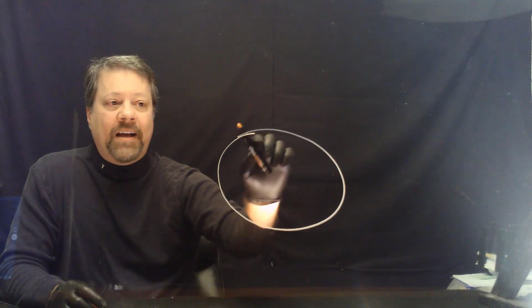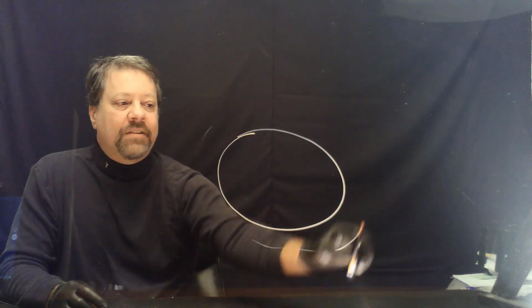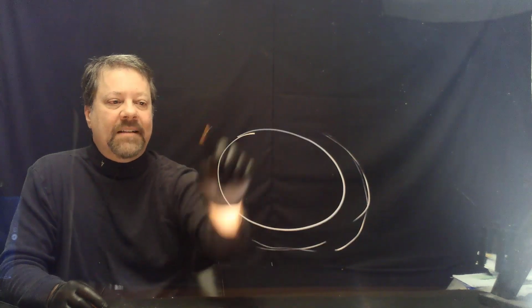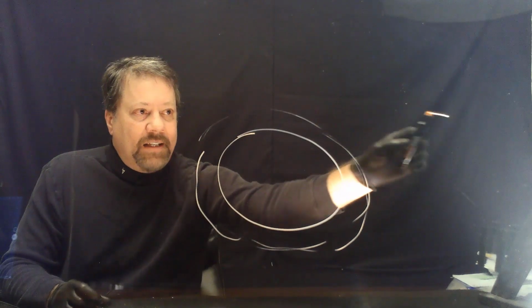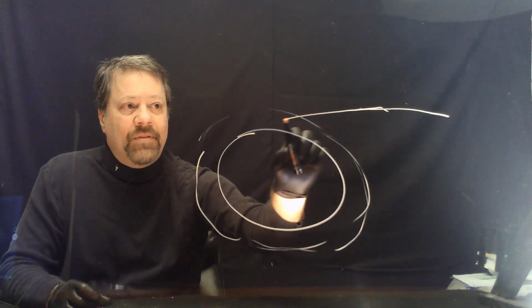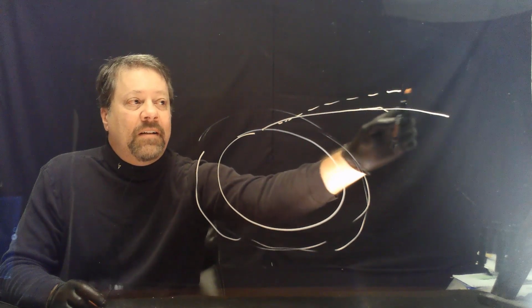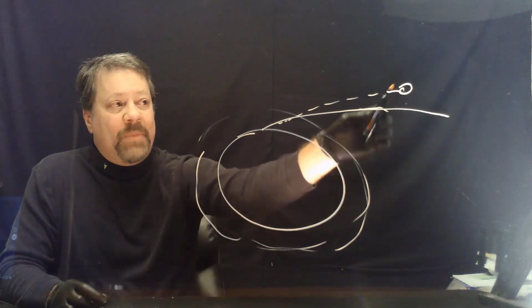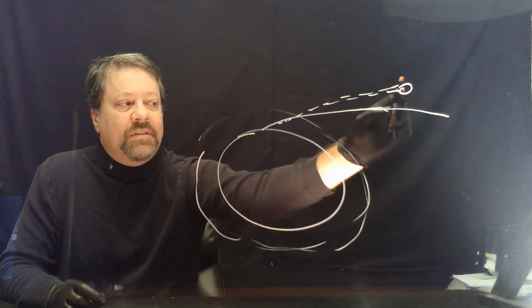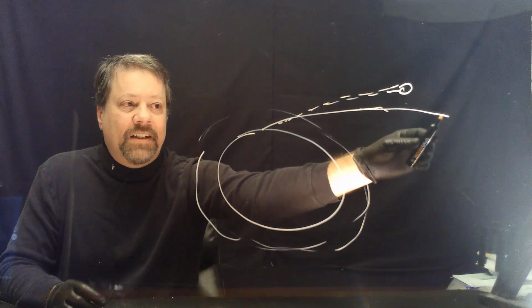Another interesting example is refraction of light through the atmosphere of the Earth. The Earth has an atmosphere that gets less and less dense as you go out. Light can refract through the atmosphere, changing the apparent position of the sun. The sun may appear to be over here, when in fact it's over here.